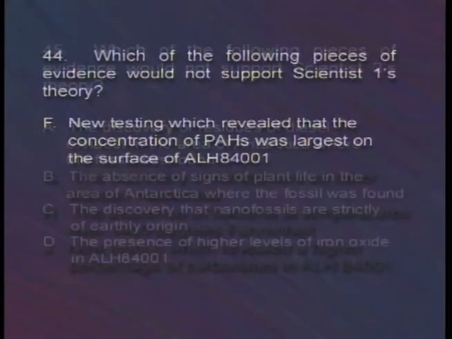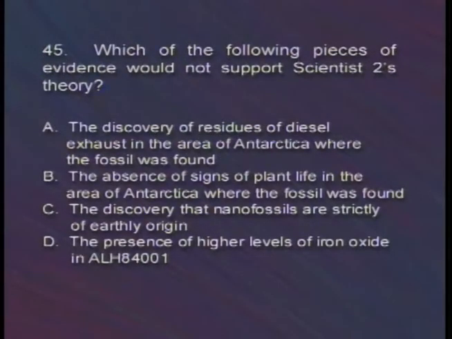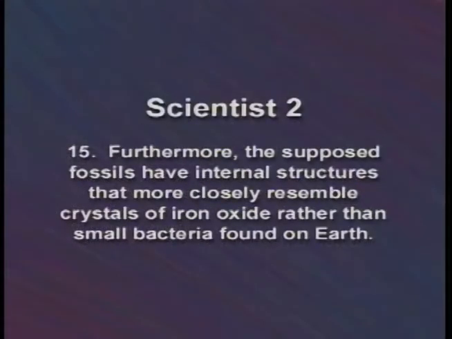Question 45. Which of the following pieces of evidence would not support Scientist 2's theory? Let's examine each option once again. Scientist 2 believes the meteorite has been contaminated. Thus, option A would support this opinion. Also, Scientist 2 argues that the supposed fossils have internal structures similar to iron oxide.